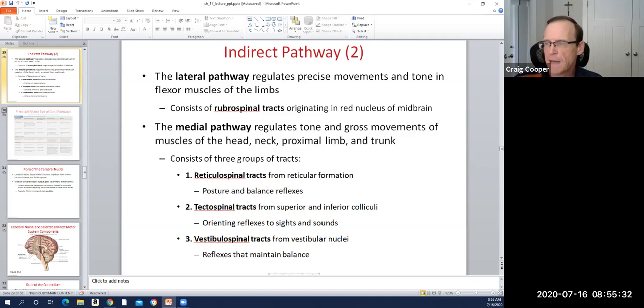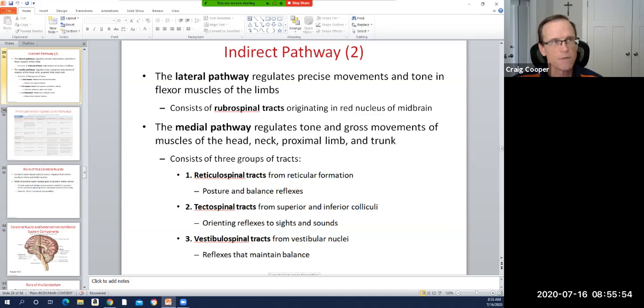The ones here in this lateral pathway, the reticulospinal, the tectospinal, and the vestibulospinal, are definitely more reflexive oriented. So posture and balance reflexes in the reticulospinal, and they're called that, reticulo, because their initial neurons originate in that reticular formation.